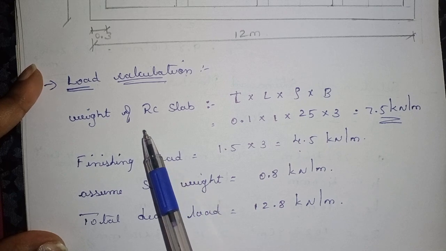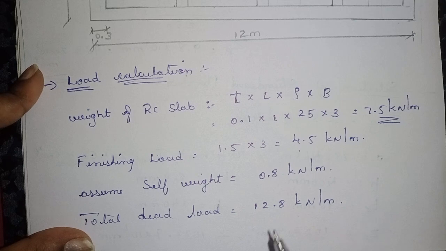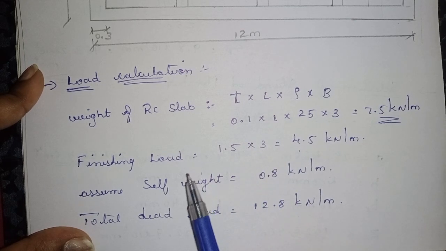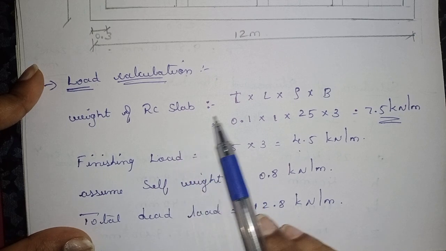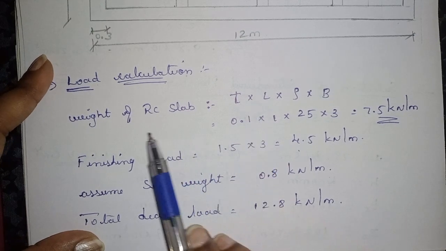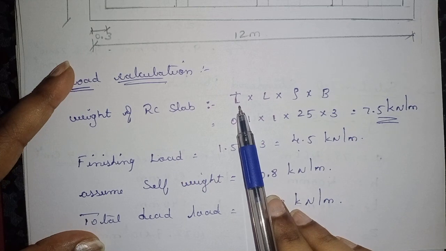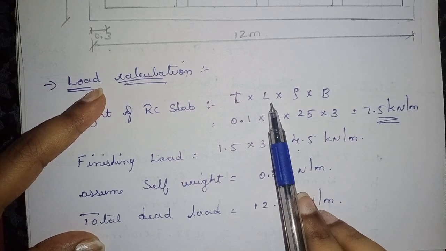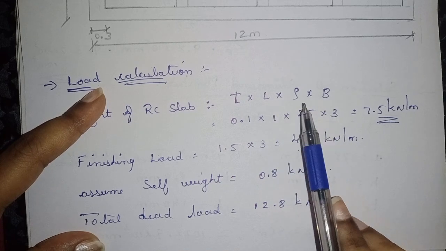In the load calculation, firstly the load goes from the slab to the beam, from the beam to the column, and from the column to the foundations. From the slab, you need to calculate the weight, the load coming from the slab. So it is thickness into length into B into rho.